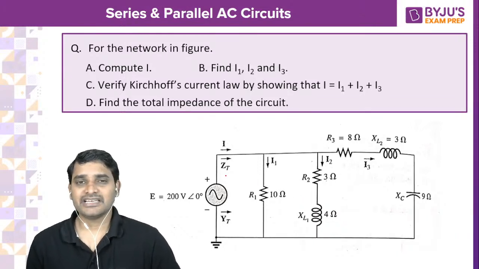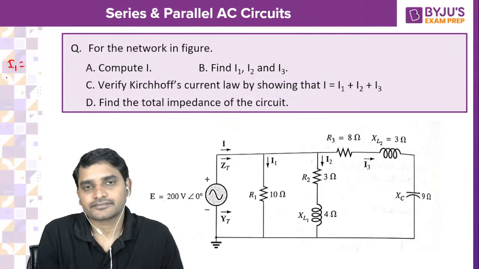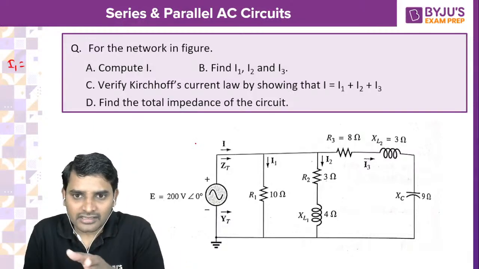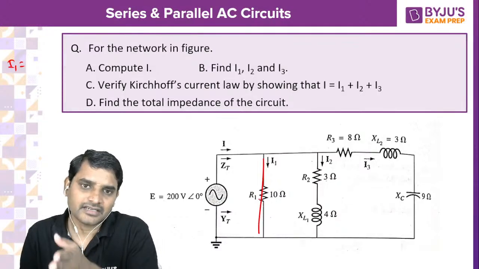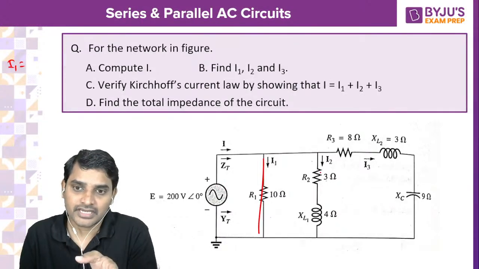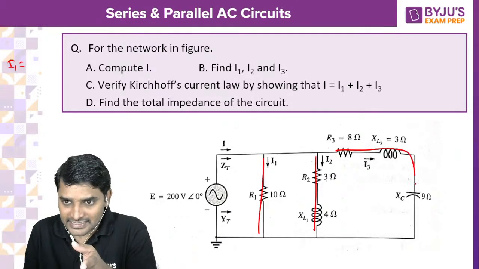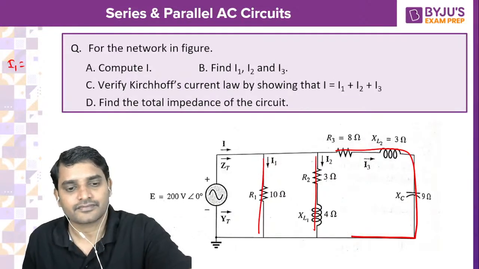Can you tell me what is I1? Are all the elements connected in parallel or not? R1 is directly across the source. R2 and XL are also across the source. R3, XL, XC, this entire combination is also across the source.